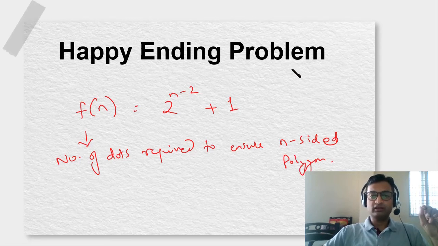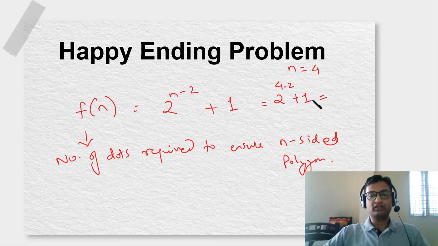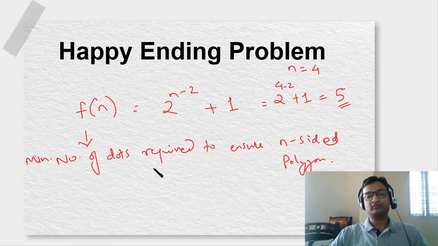Let's check it out. If I put n equal to 4, so I want to make a convex quadrilateral, according to this formula I'll have 2 to the power 4 minus 2, plus 1. That is 2 to the power 2, which is 4, plus 1, 5. So I need a minimum of 5 dots, right? I think I should write minimum here.